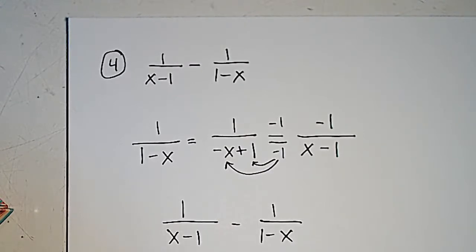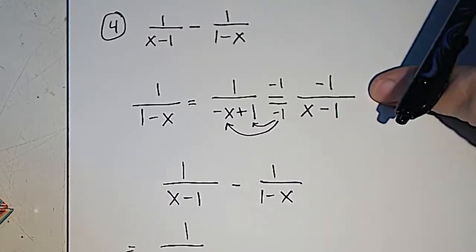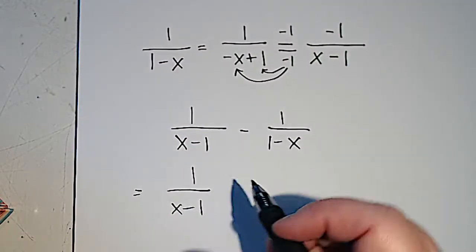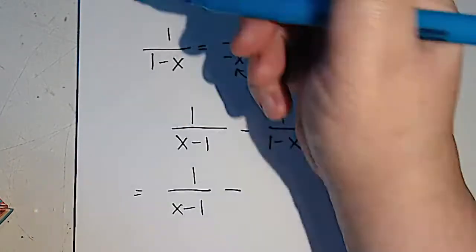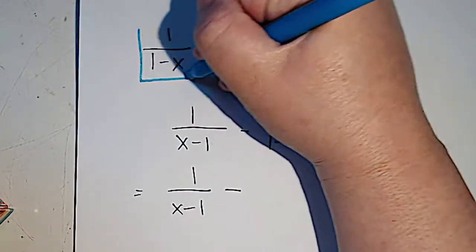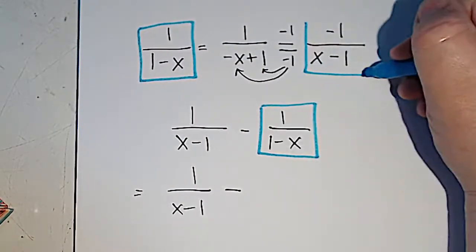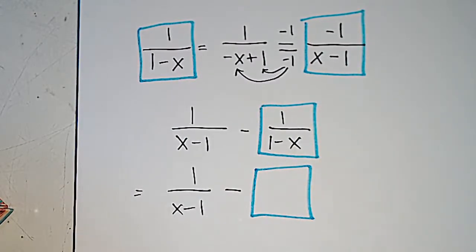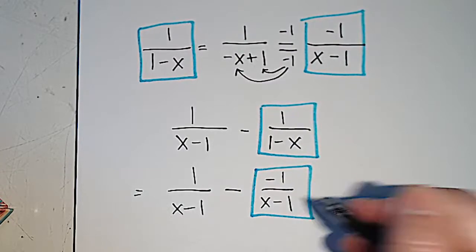I now have 1 over x minus 1. The first one I did not change at all. First one is exactly the same. And the second one, this guy right here, now becomes -1 all over x minus 1.